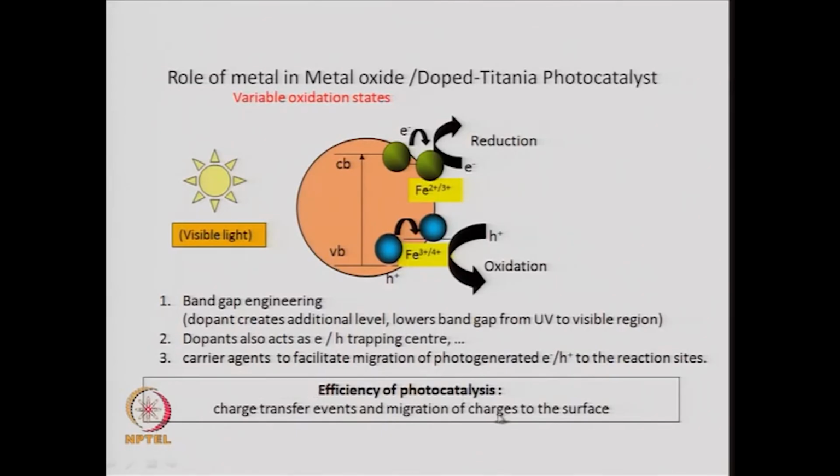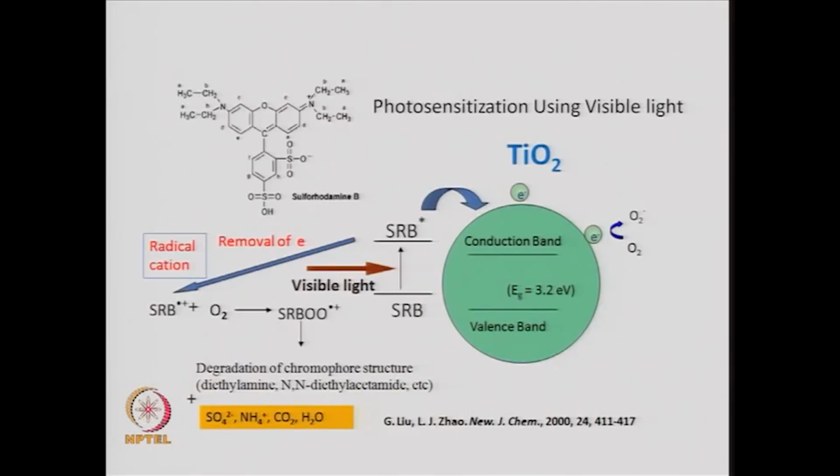So, two things here are important as usual: charge transfer events, how the electron and hole are created, and then migration of these charges to the surface. Both these effects enhance the efficiency of the photocatalyst. Now, this is a case of photosensitization using visible light.